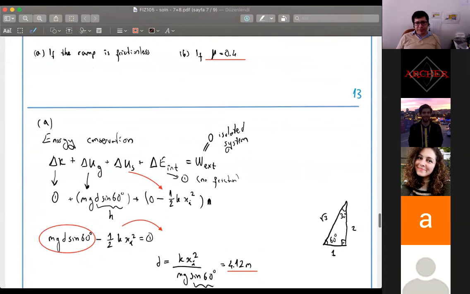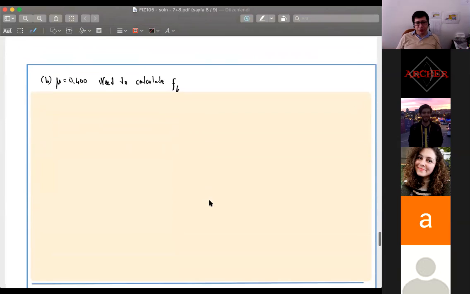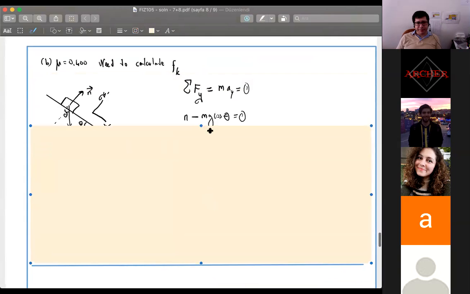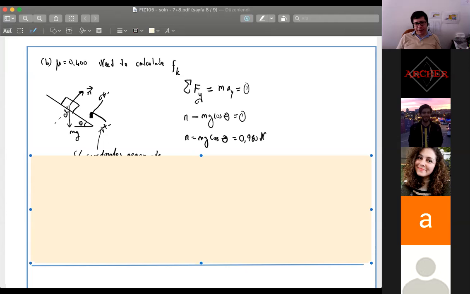How do I find the friction force? I need the normal force. So vertical forces, if you define your coordinates like this, this is the best choice because these coordinates align with motion. So this is normal force. This is the weight of the object.